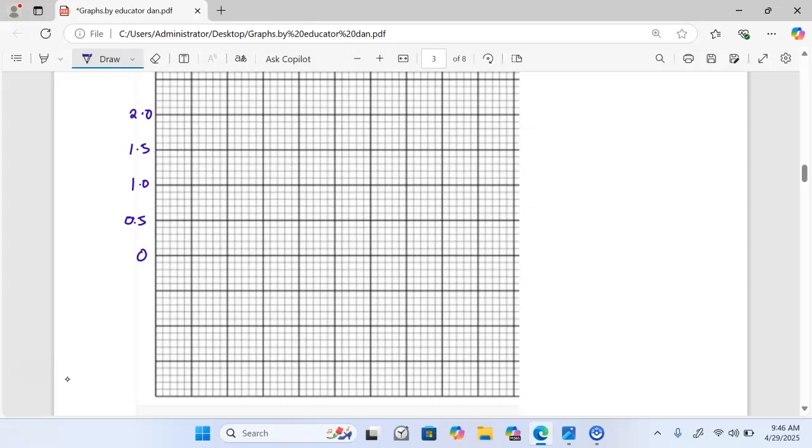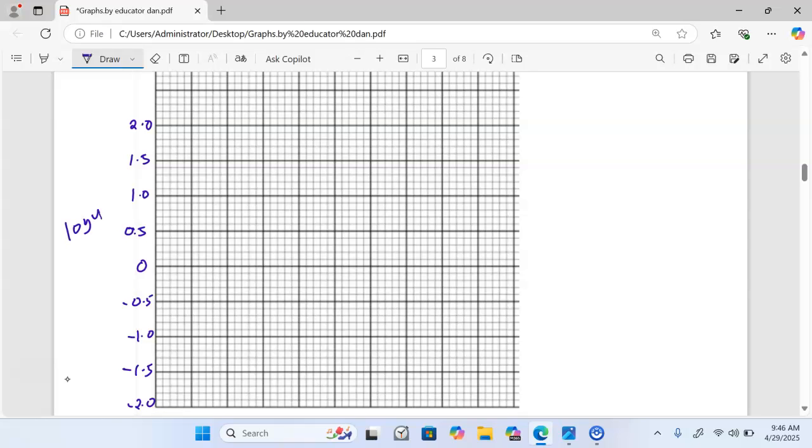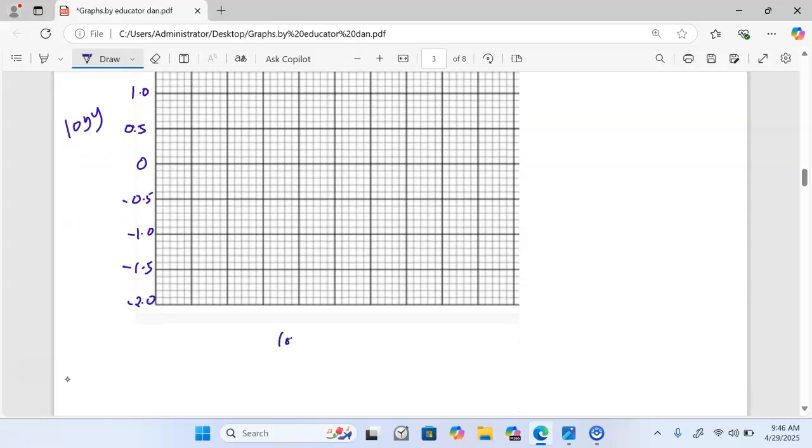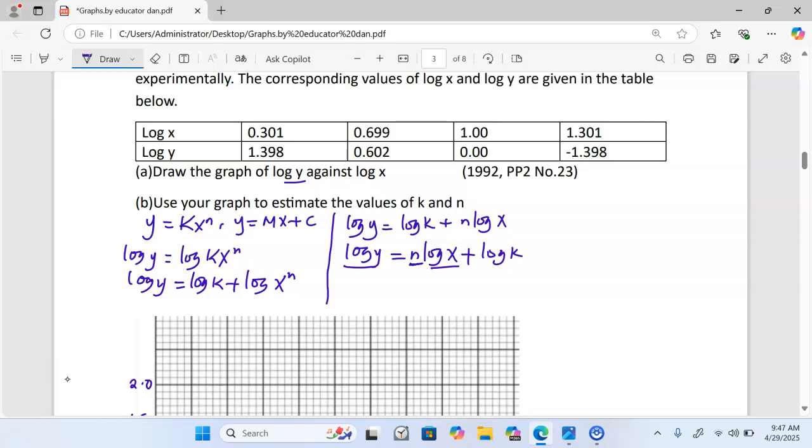Then on the negative side, we are going to have negative 0.5, negative 1.0, negative 1.5, and probably negative 2.0. Then at the origin, remember this is log y. Then we have the log x on the x-axis, ranging between 0.3 and 1.3.